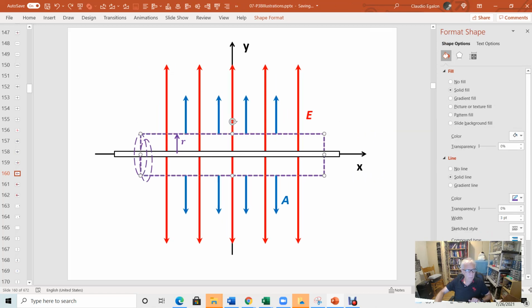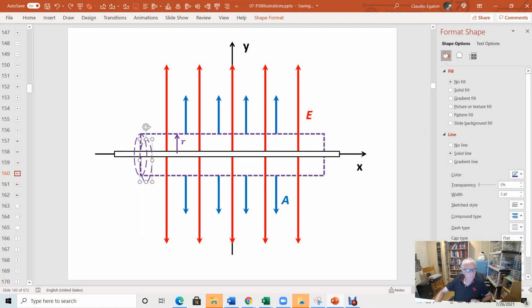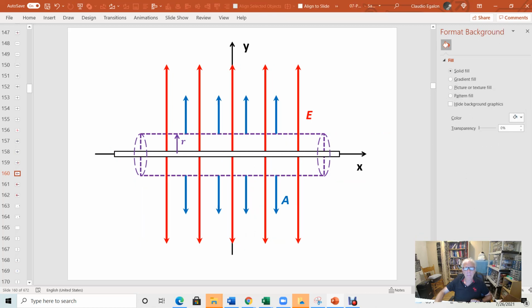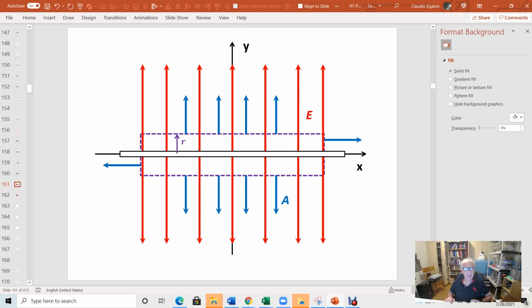Right in here. Okay. Here's the area vector at the cylindrical surface, but we also have area vectors at the covers, right? Area vector here.